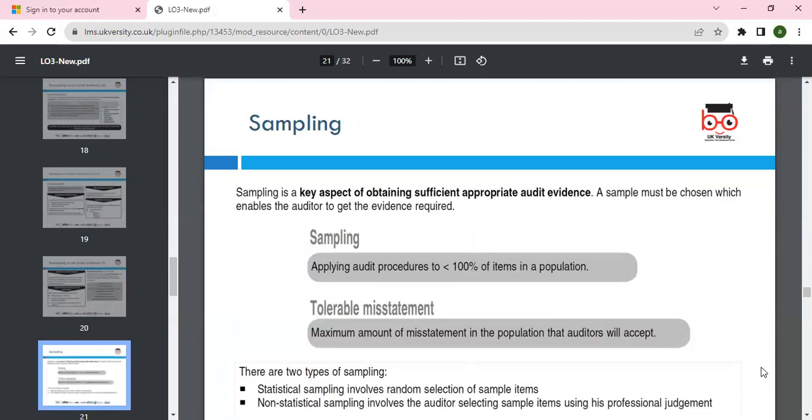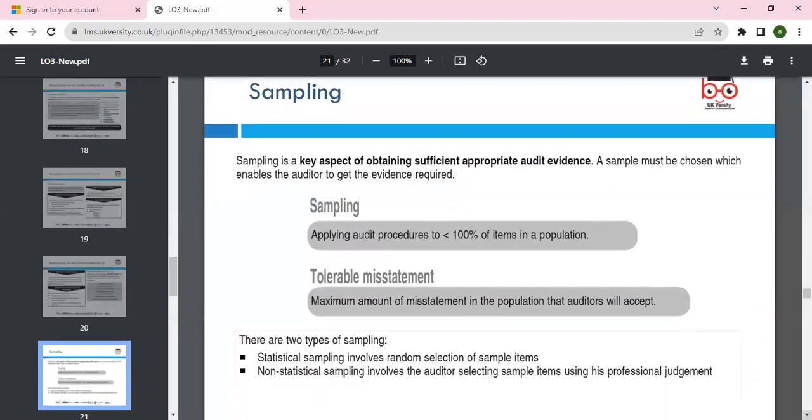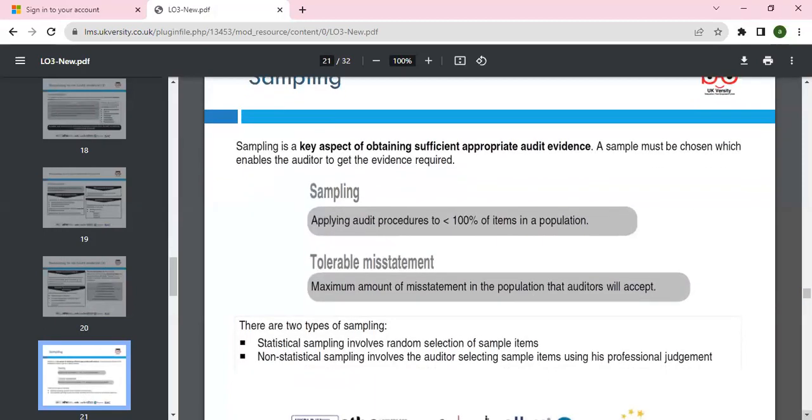Thus, we can use different statistical samples, stratified. Statistical sampling involves random selection of the sample items, and in non-statistical sampling auditors can select the items using professional judgment, convenience sampling, quota sampling, categorizing the transactions.